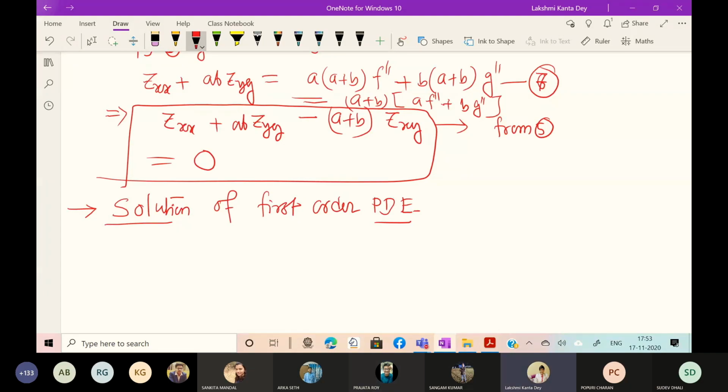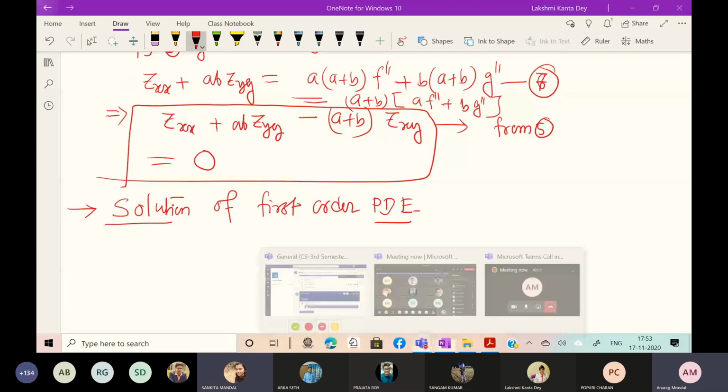What do you mean by a solution of a partial differential equation? That is my question. Sir, basically, the original function, like the values of z, the equation, or the original function plus some derivatives of the function.